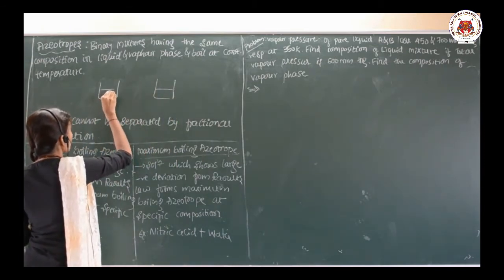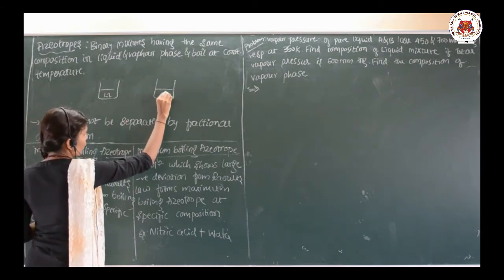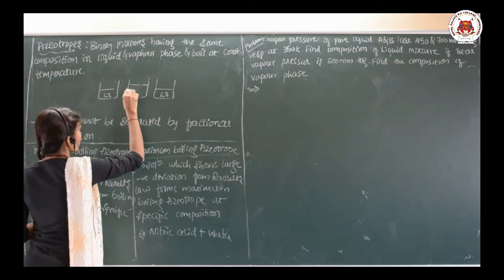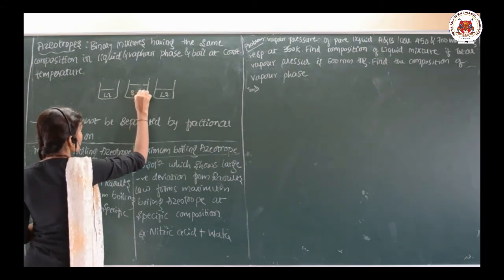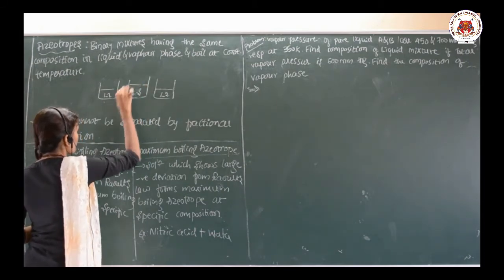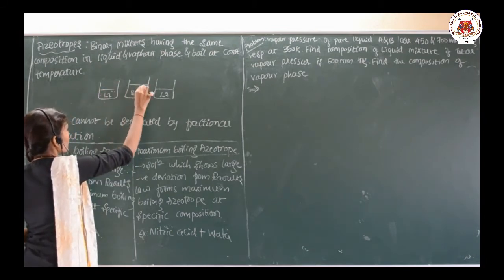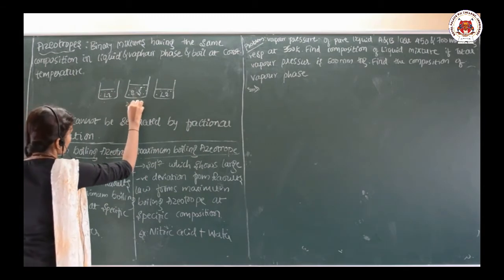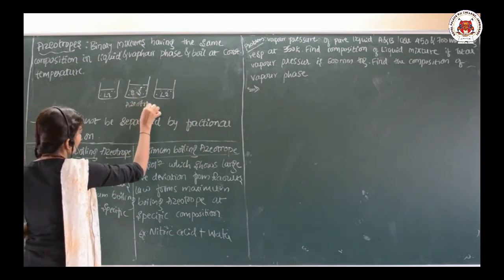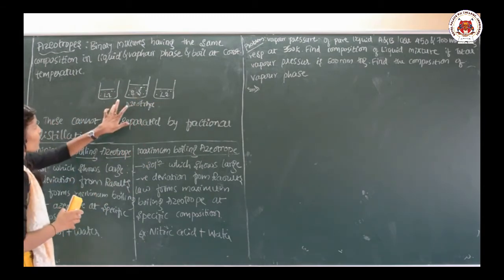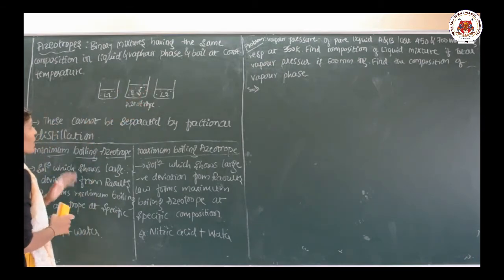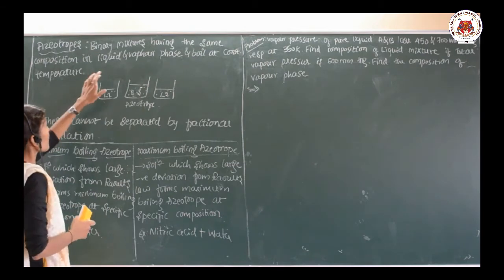liquid 1 and liquid 2, and there is a formation of a binary solution. This is also an azeotrope. An azeotrope is a binary mixture which has the same composition in the liquid and vapor phase.